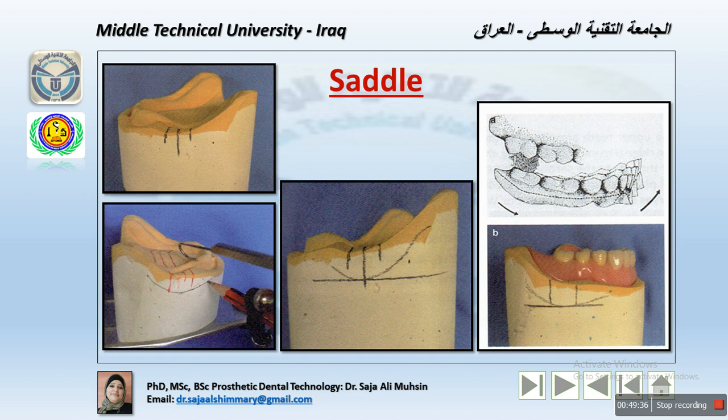The deepest part of the alveolar ridge is marked using a pencil and transcribed to the side of the model for use, as we can notice in the left and middle images, for use when positioning the lower molar.